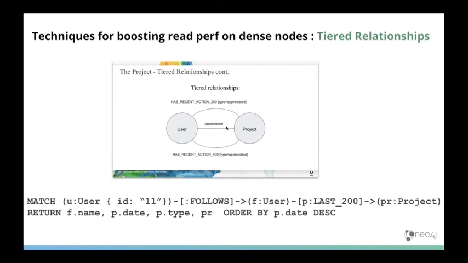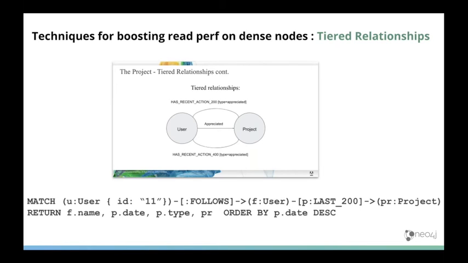And rather than having to scan all the recent actions, which would mean scanning a large number of relationships, they kept a relationship aggregating the 400 recent actions, the 200 recent actions, and that reduces, of course, the search space and makes it possible to run very, very fast queries, even for super dense nodes, and retrieve the most recent actions to populate the activity feed of the followers very quickly, right?